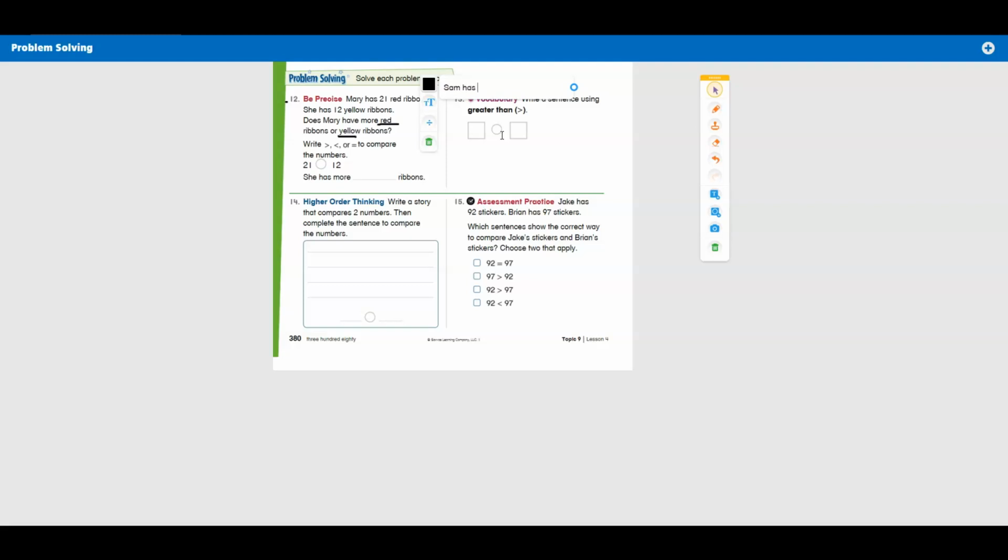Sam has 7 chickens. Carrie has 10 fish. Carrie has more animals than Sam.